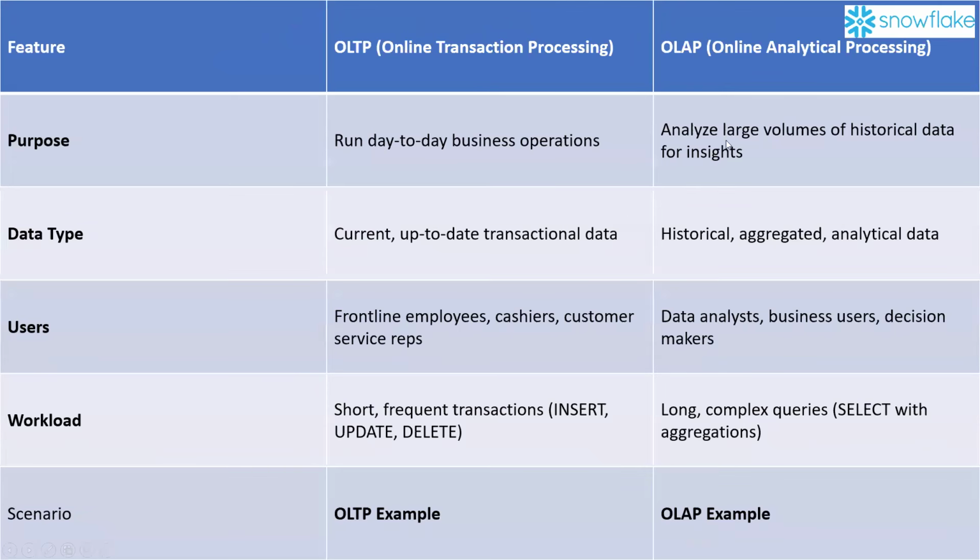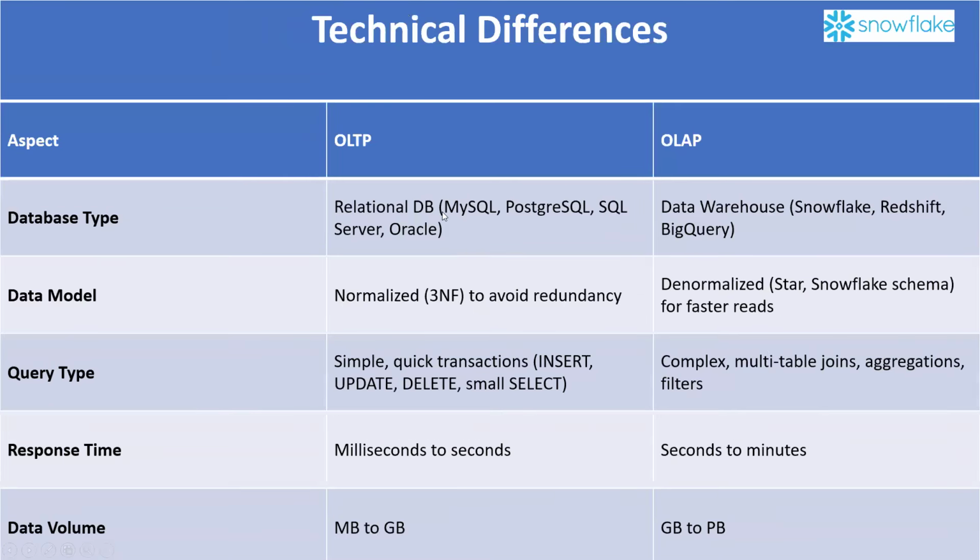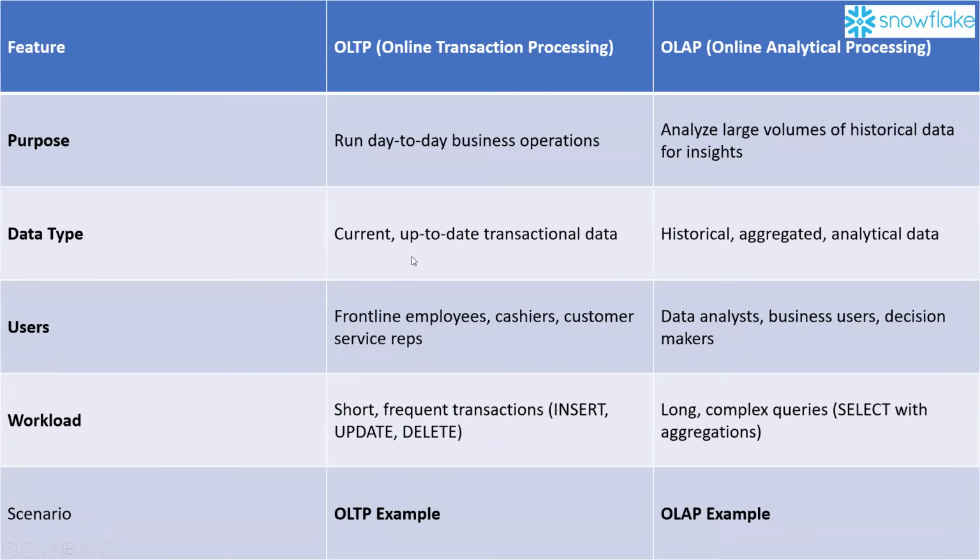Purpose of OLTP and OLAP systems: OLTP runs the day-to-day business, as I gave the example of a banking system. OLAP is for analysis of historical data, because you keep the data for analysis to take decisions for your business. The data type in OLTP is current, up-to-date, and transactional.